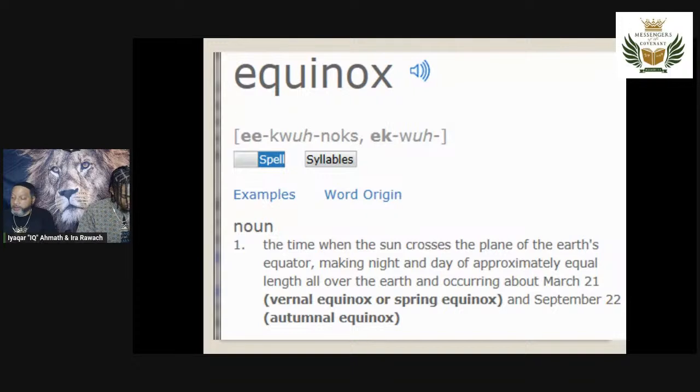Let's start at 1 and read verse 2. The book of Leviticus, chapter 23, verse 1.